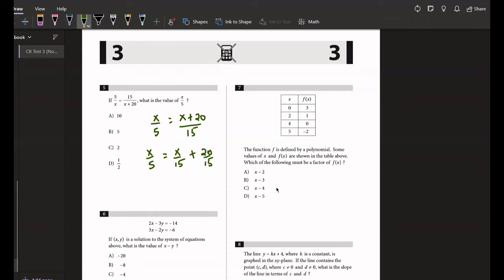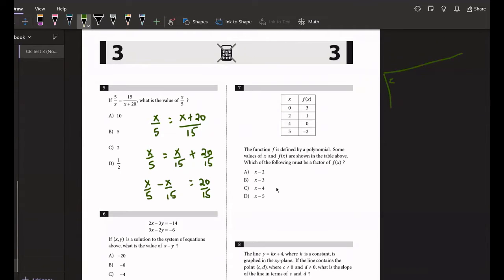We'll take this x on this side. So x over 5 minus x over 15 equals 20 over 15. I'll do the remaining calculation on this side.